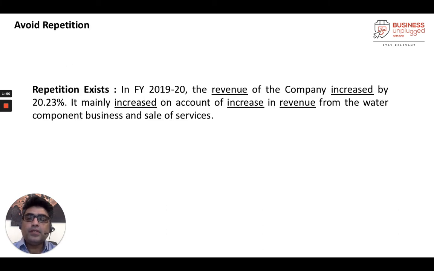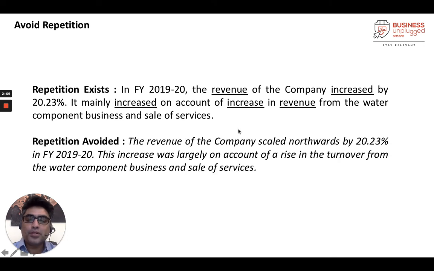Let's see another one. I've seen many people writing in this manner: in FY 1920 the revenue of the company increased by 20.23%, mainly increased on account of increase in revenue from the water component business and sales of service.